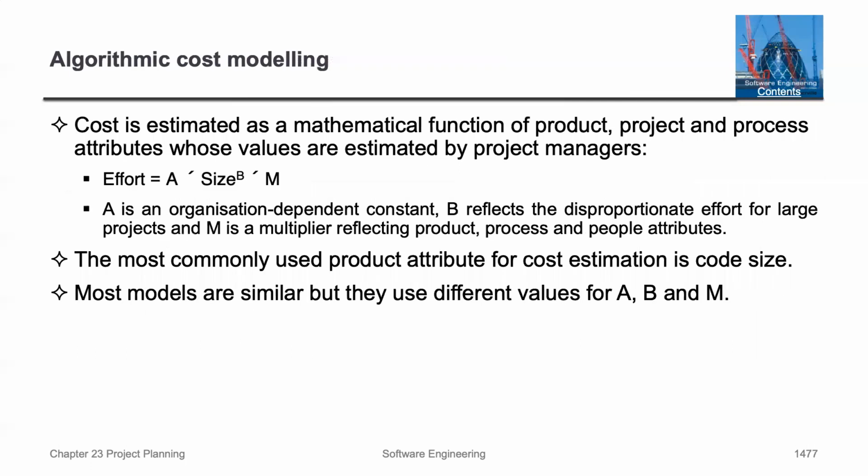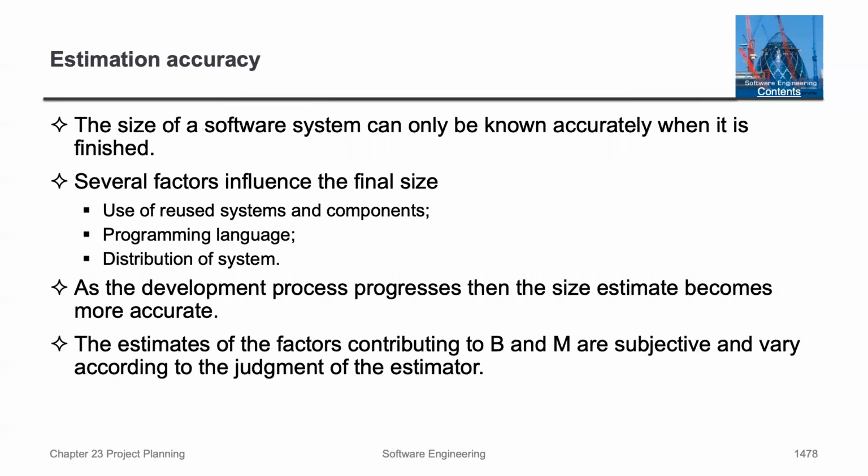For algorithmic cost estimates, cost is estimated as a mathematical function of product, project, and process attributes, as each one of those is considered. The most commonly used product attribute for cost estimation is code size. Most models are similar, but they use different values for these different elements, A, B, and M in the formula shown above. For estimate accuracy, the size of software systems can only be known accurately when it is finished. Several factors influence the final size: reuse of components, programming language, and distribution of the system.